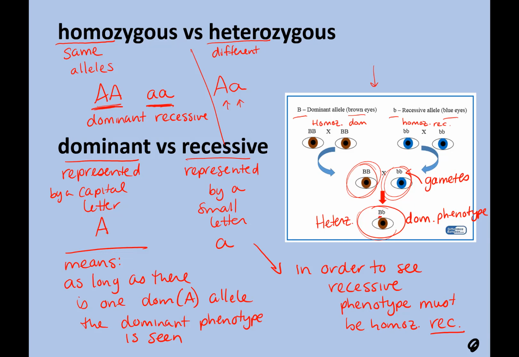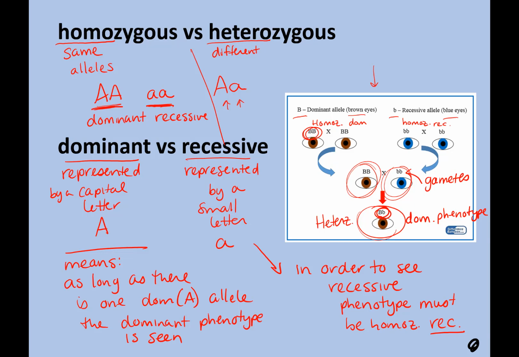What I want you to see is that you see dominant brown eye color if you're homozygous dominant or heterozygous. Note, with heterozygous, we don't add dominant recessive because heterozygous implies one of each. Okay. So take a look at that.